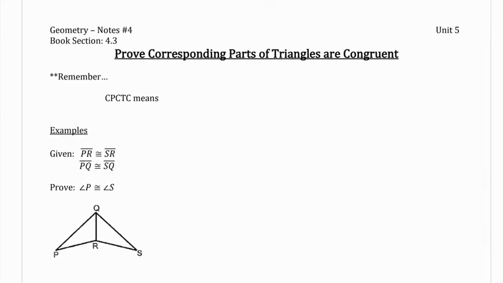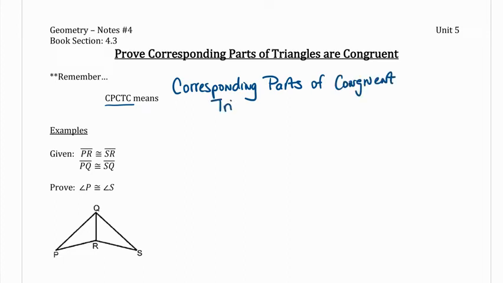what we did yesterday. So first of all, back in our first notes, we talked about this abbreviation, the CPCTC, and we want to remember what that stands for. So CPCTC stands for corresponding parts of congruent triangles are congruent.